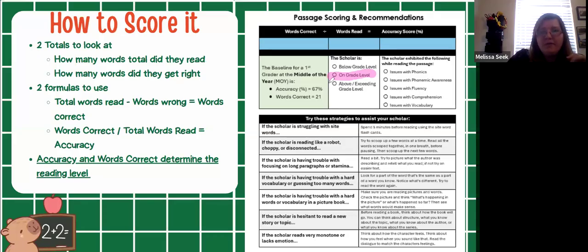Then he would be considered above grade level. He's a strong reader. If he is below that, say he only read 10 words at a 50% accuracy, then you know that he is below, and you would mark that here.